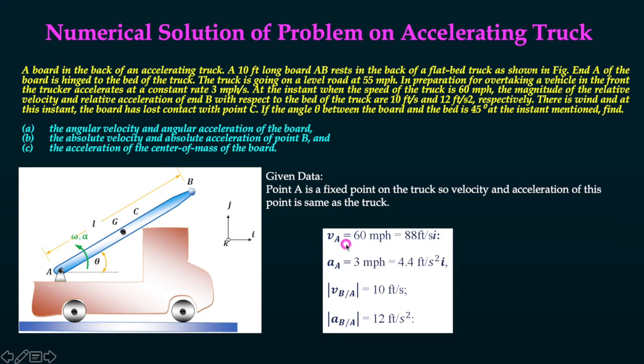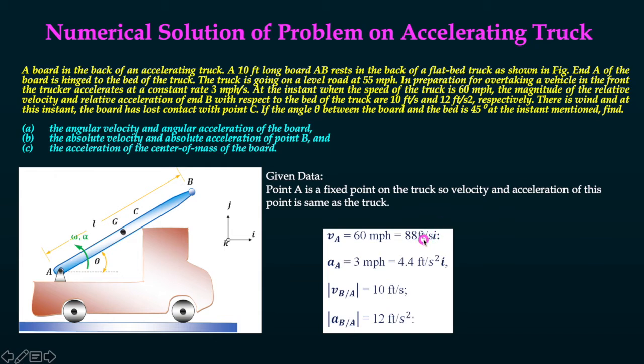Here V_A, the absolute velocity of point A. Point A is a fixed point on the track. So the velocity of the track is the velocity of point A, that is given as 60 miles per hour, and it is converted to 88 feet per second.